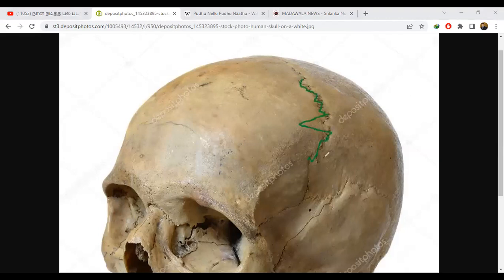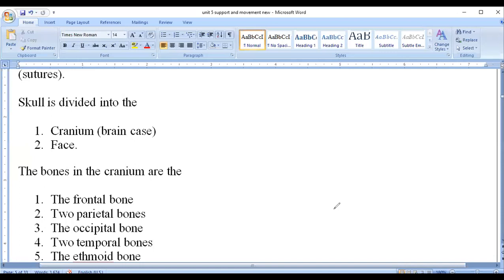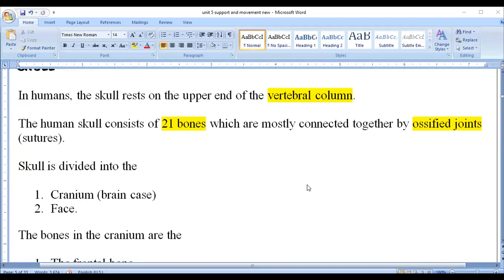Your book tells that those sutures are ossified joints. In the human skull, we identify two divisions. One division is the cranium, the other division is the face. The cranium includes these bones.